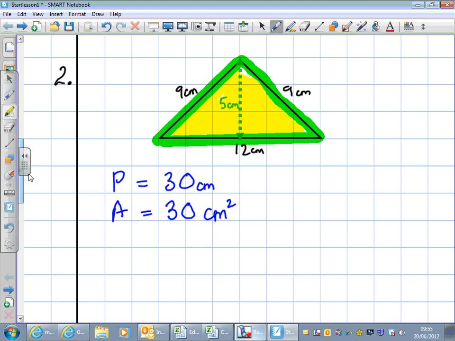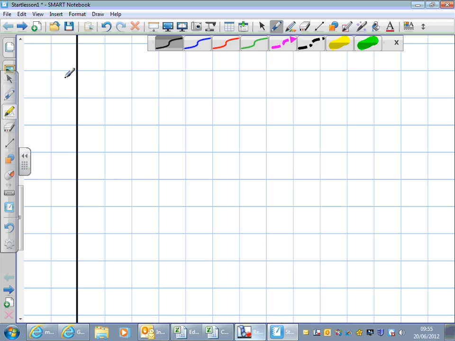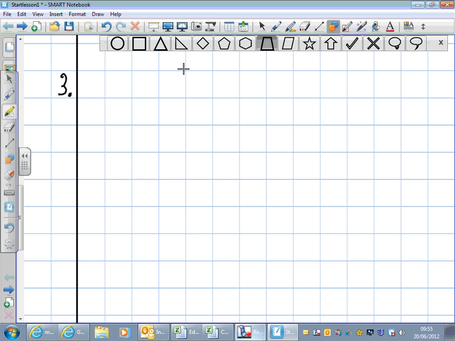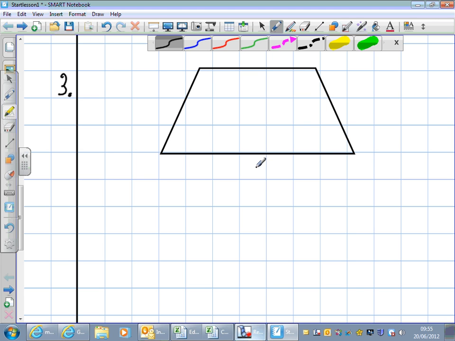Now, let's look at a shape that all too often is not taught to pupils. This shape here. You can write on all the measurements.